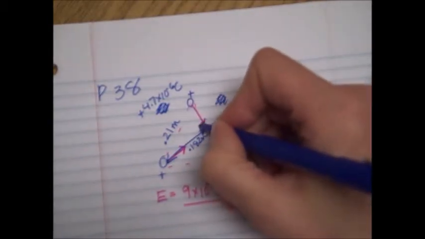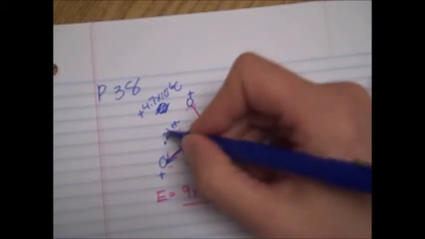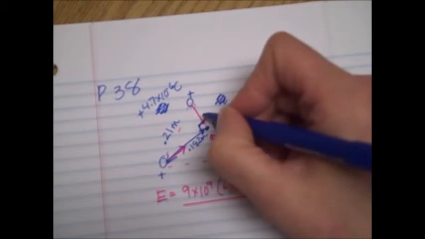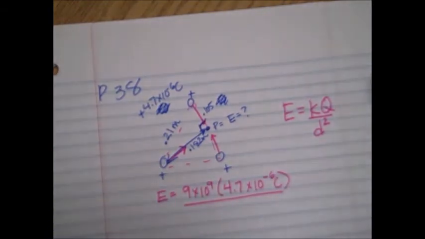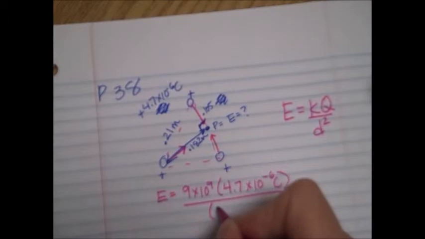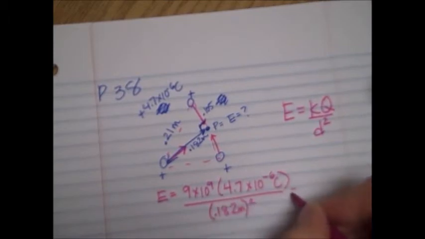Using some fancy math, this makes a right triangle, and this side would be half of 0.21, so 0.105. If you know the two sides, you can find the third side using the Pythagorean theorem. So this is 0.182 meters squared.